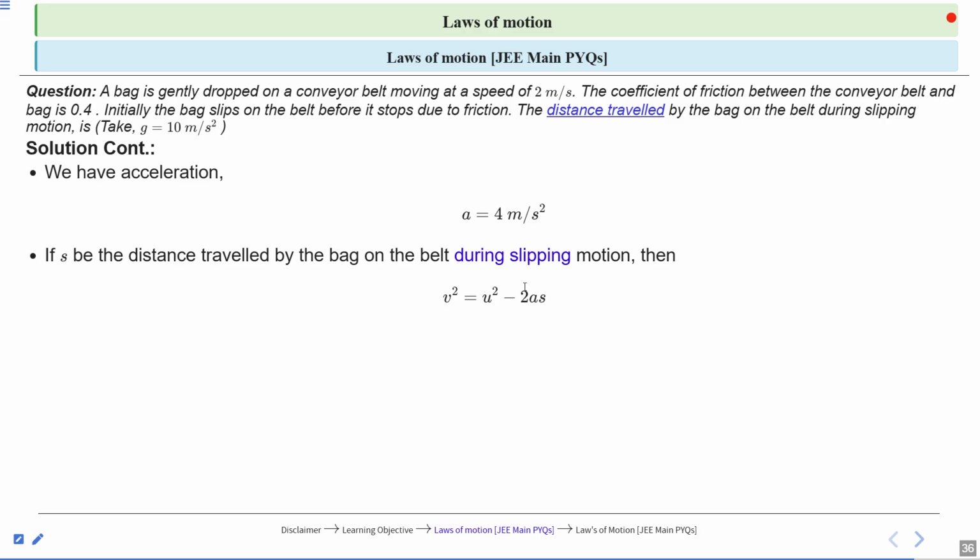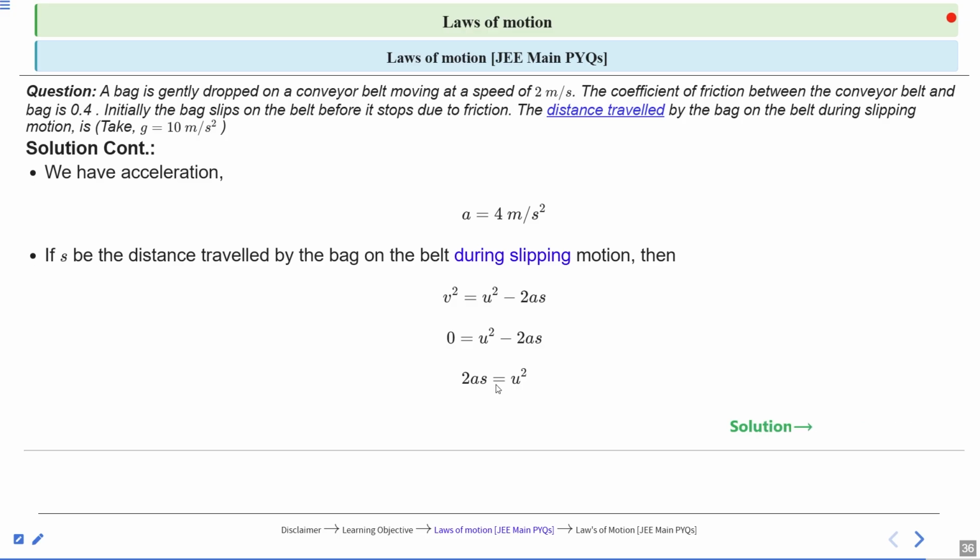This is the equation of motion, and using it we can calculate the distance. The final velocity is 0 and the initial velocity is u. So the equation is 0 equal to u square minus 2as. So 2as equal to u square.